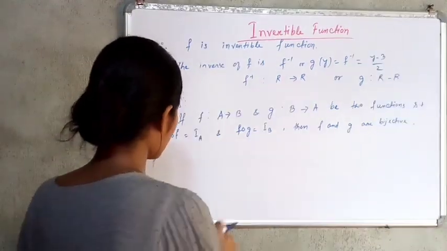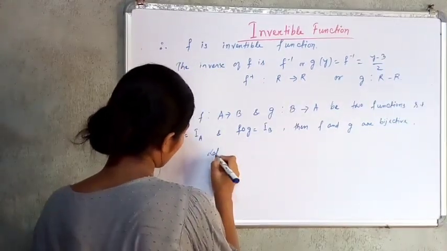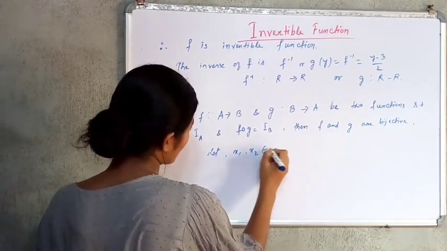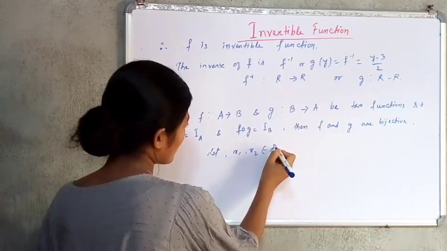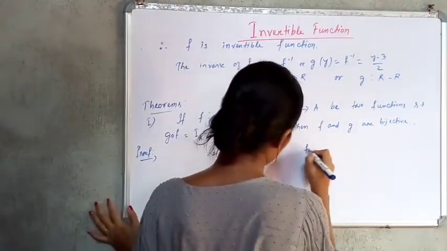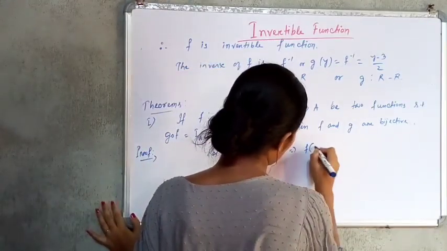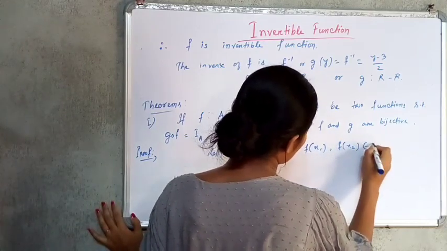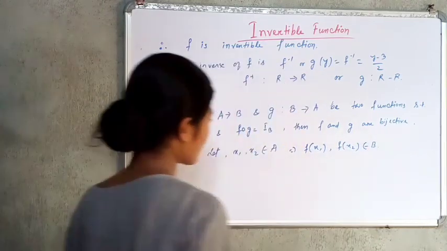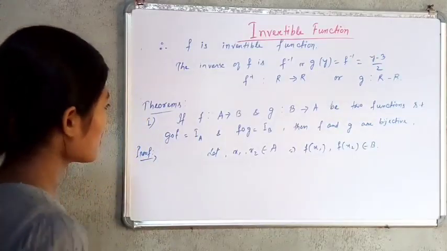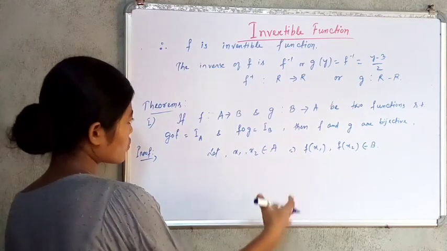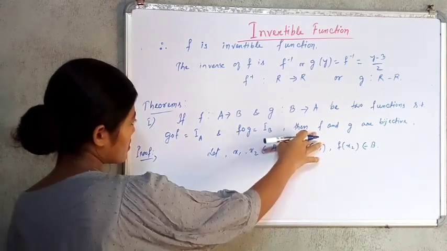Let us take two elements x1 and x2 in the domain A. Then their images f of x1 and f of x2 will belong to B because f is a function. So we have to show that f is one-one and onto.